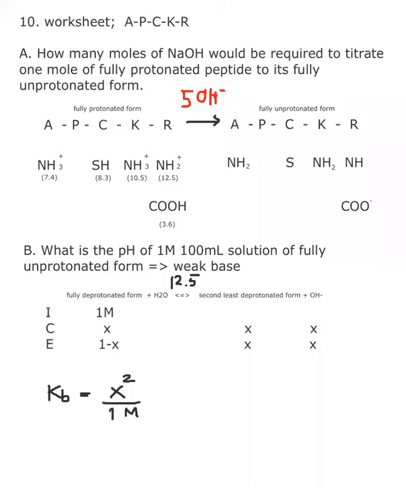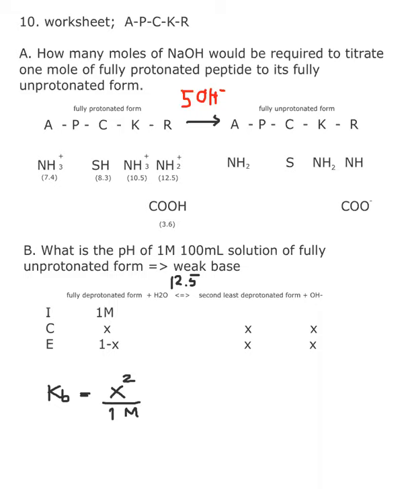You can use the ICE table to look at the constant Kb, and you get Kb equals x squared divided by 1 minus x. But since the x amount is very minimal, we can discard it in the denominator. The next step is to solve for x.